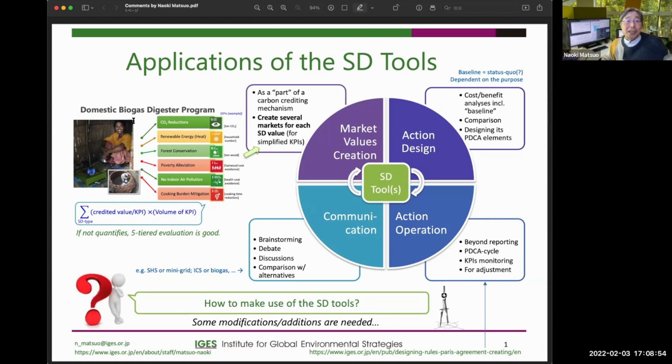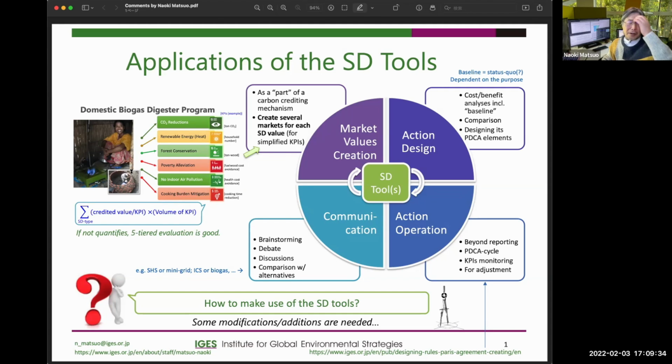For example, the domestic biogas digester program has a lot of such co-benefits or sustainable development benefits. So we can say that such a credit value per each SD goes for some kind of KPIs, key performance indicators for that kind of action, times the volume of such KPIs. That could be the aggregated value of that project.